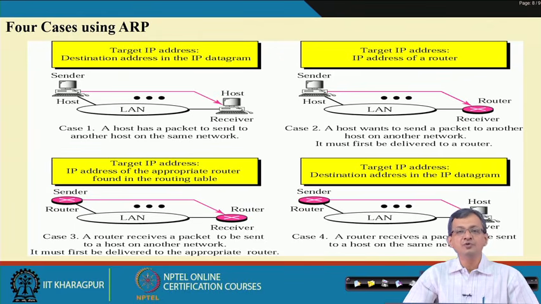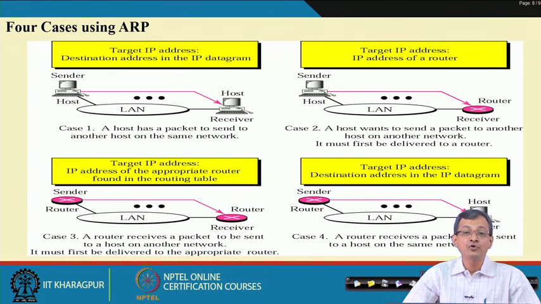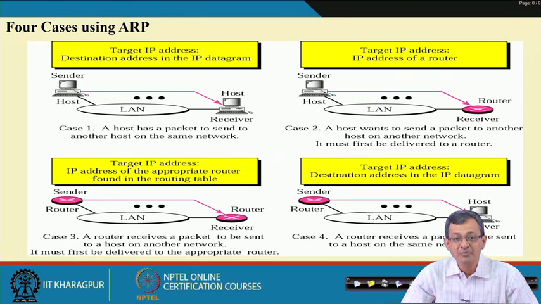Now, incidentally, if you look at it, the router has multiple interfaces. Typically a router has 4 interfaces. So 4 interfaces have 4 IP addresses, and each interface has a NIC card, or in other words 4 physical or hardware addresses.